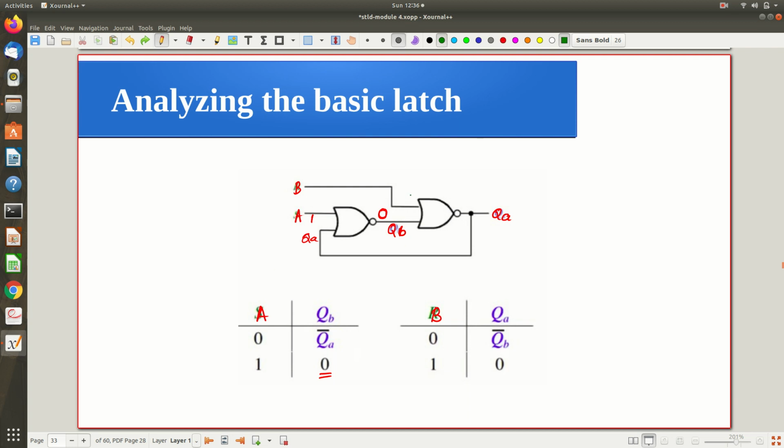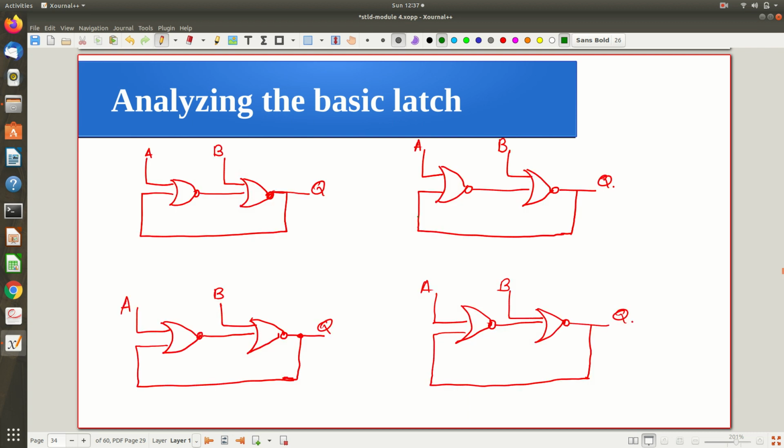Just like here, when one of the inputs is 1, the QA is fixed at 0 irrespective of QB. It simply ignores QB, because for the NOR gate, if one input is 1, its output is fixed at 0 irrespective of the other input. This is a fundamental circuit, and this understanding is what we need.